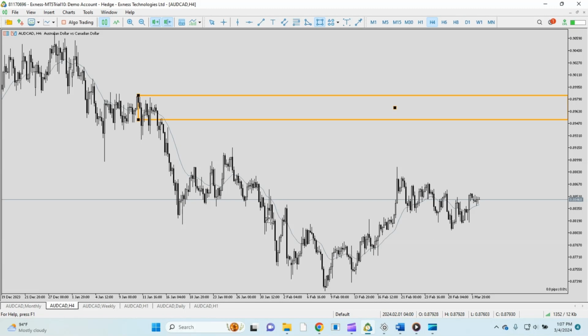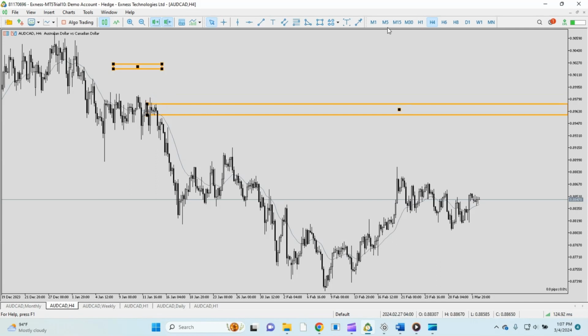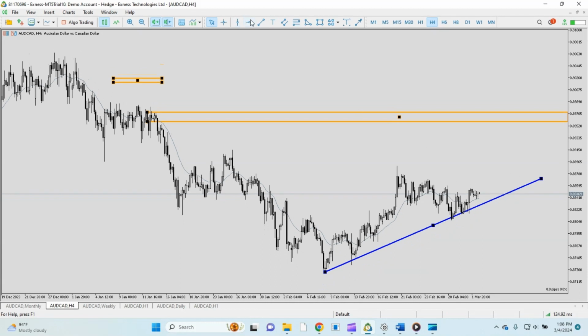Okay, so we have a demand area, supply area, I mean to say, in this area, and we have some, do we call this trend line? No, I think we have a trend line here. So we may be anticipating price to move up to this area. So let's just take a buy.